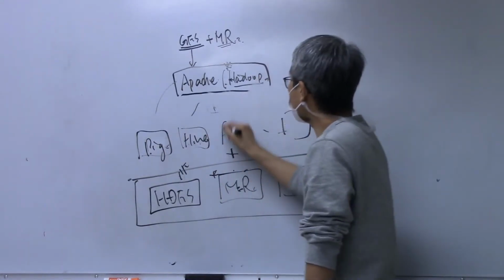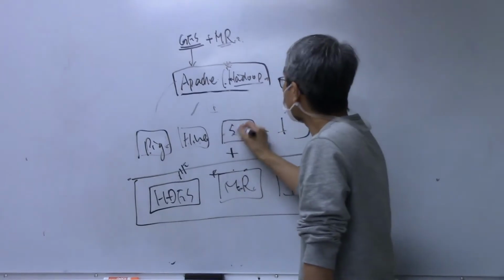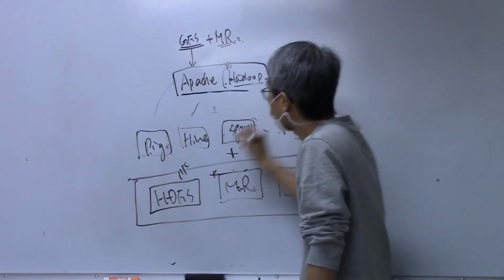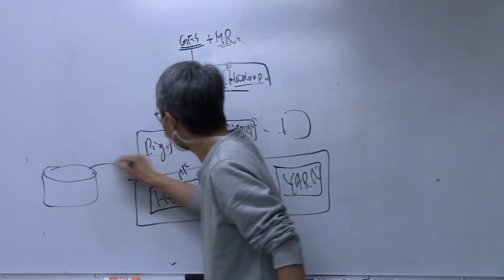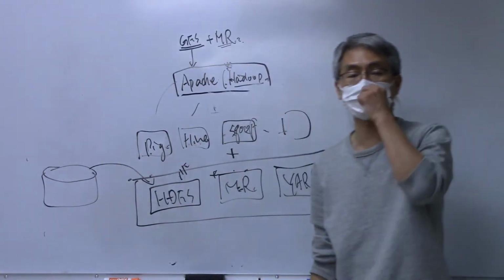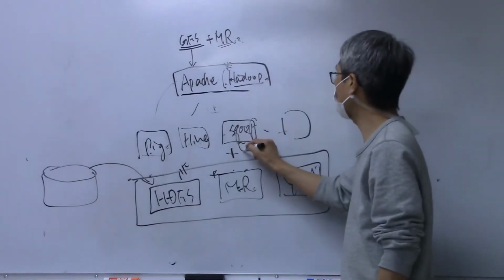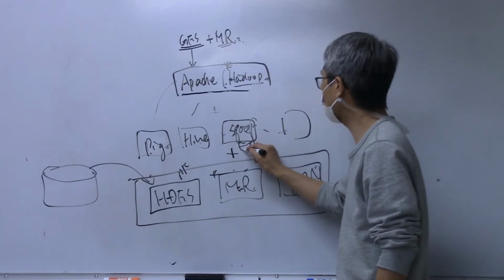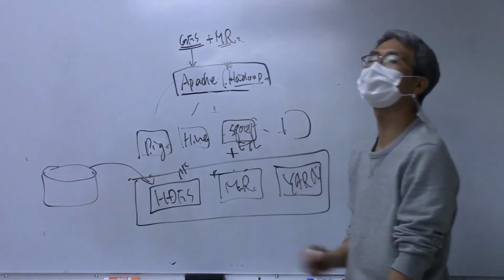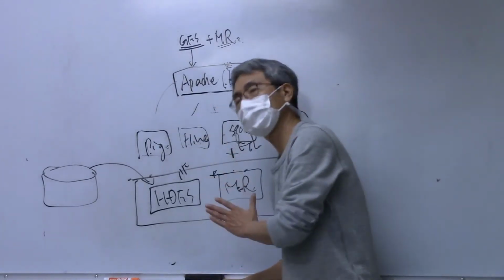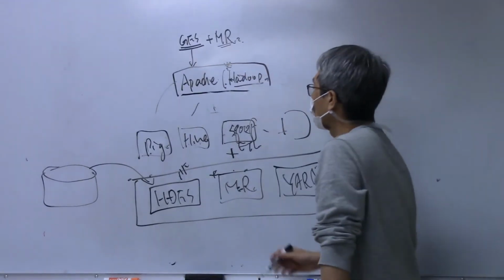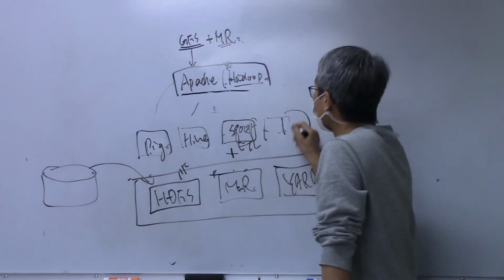Some of them focus on ETL, like Sqoop. Get the data from a relational database into Hadoop. ETL means extracting the data, transforming the data, and loading the data to a data warehouse. So it's good.